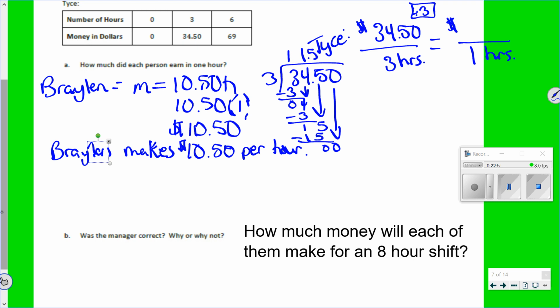Can 3 go into 0? No, so I put a 0 in my answer. So how much does Tice make per hour? $11.50. So see if you can answer question B. Was the manager correct that they make the same amount per hour? Why or why not? Go ahead and answer B.